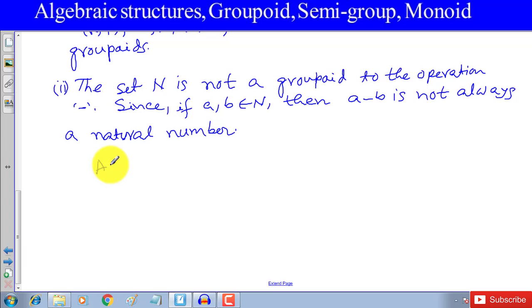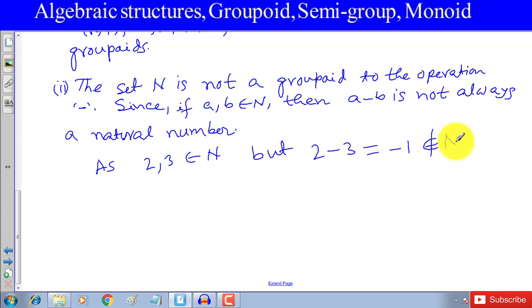As 2, 3 belongs to N, but 2 minus 3 is equal to minus 1, which does not belong to N. So, minus on N is not closed.